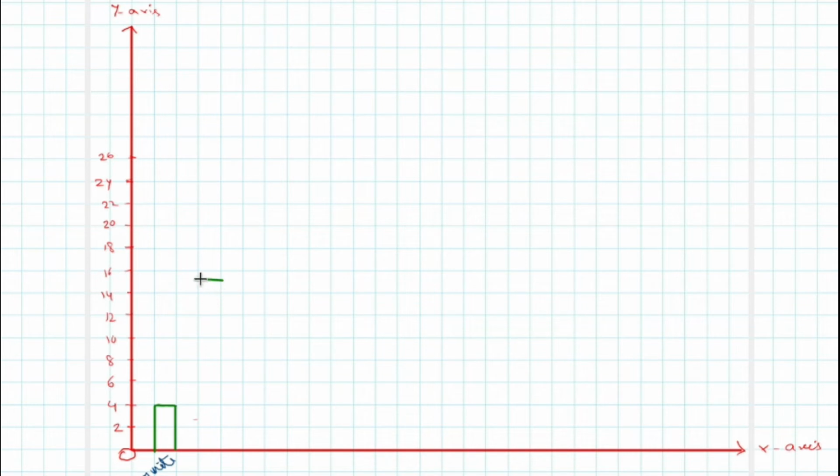This is our 15. Then we will make the bar. So this is butter.